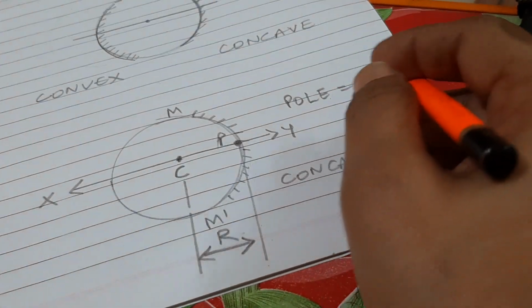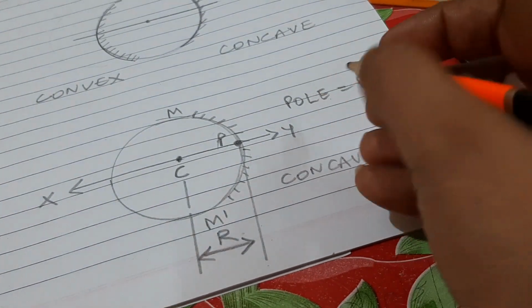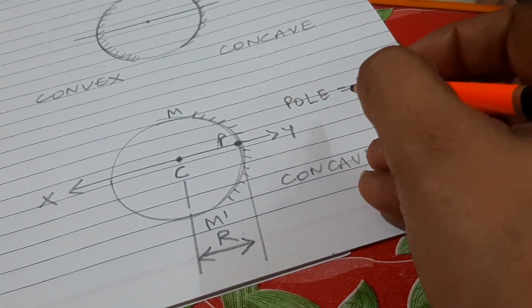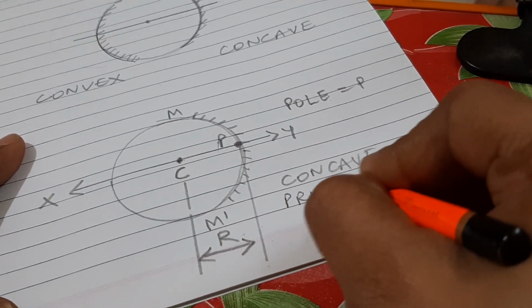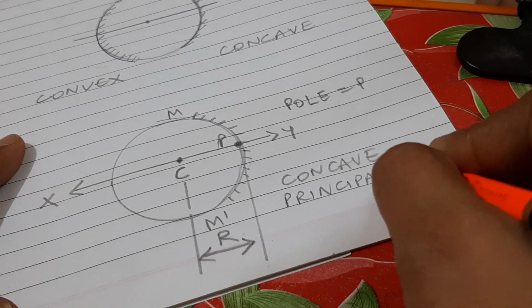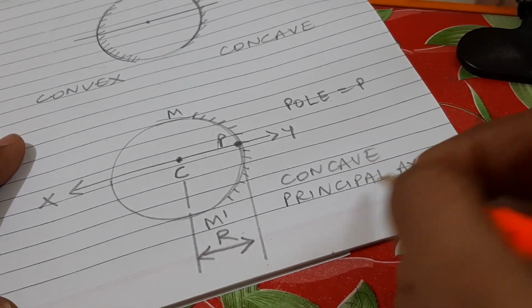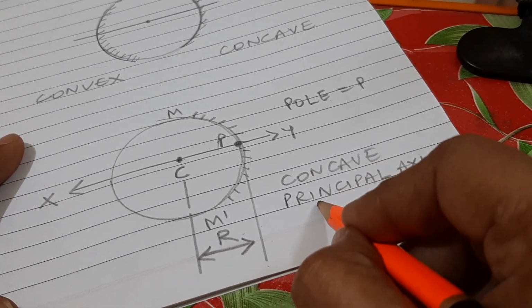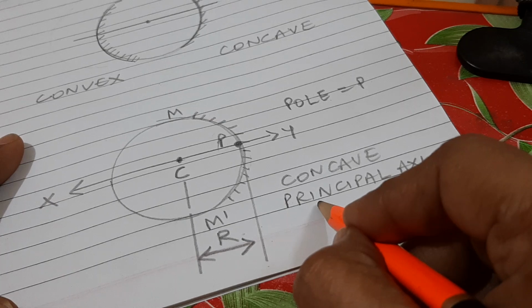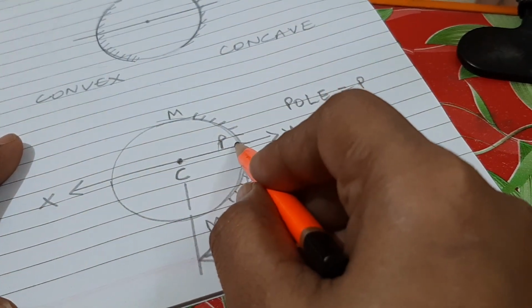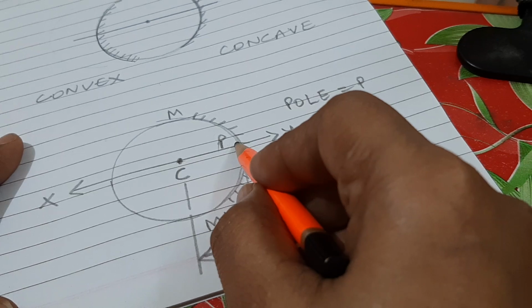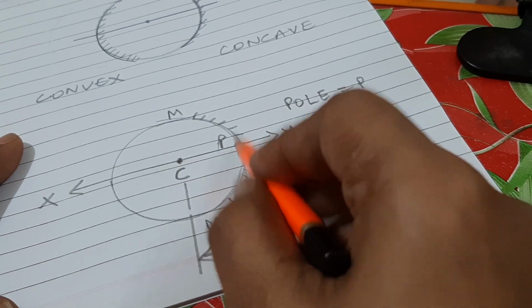Now we look at something called as principal axis. Principal axis is a straight line passing through the center of curvature and pole of a spherical mirror.